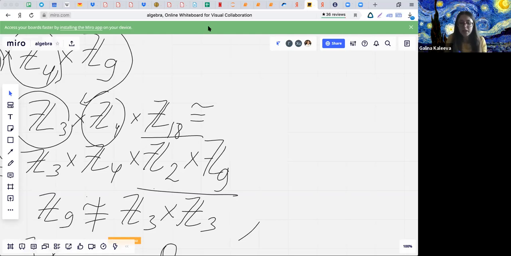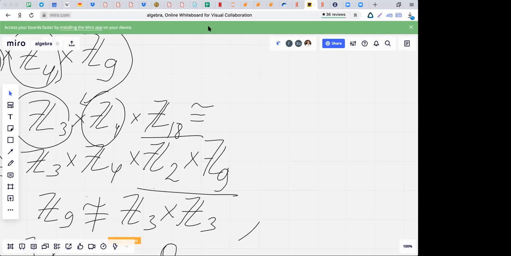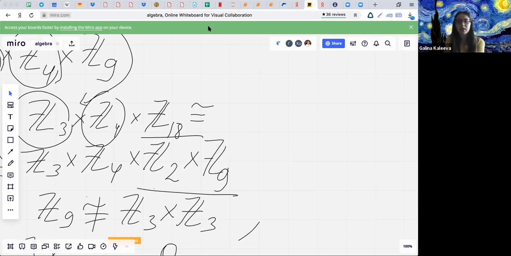So here we have an element of order mn, and there we have an element of order nm. This does not prevent us from proving their isomorphism.